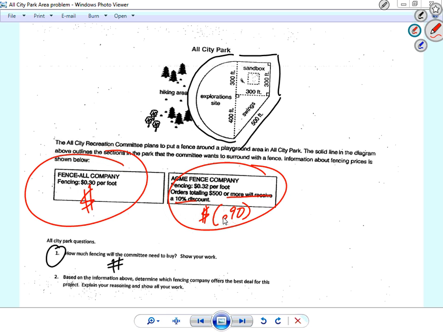So like I said, figure out how much it is with 32 cents per foot, and multiply that by 0.90. That's with a 10% discount. One of these 2 companies is cheaper. That's what I'm asking you guys for number 2. Which company is cheaper? How much do they charge you? So for part A, find the perimeter. For part B, find out which one's cheaper. Okay? Any questions? We're good?